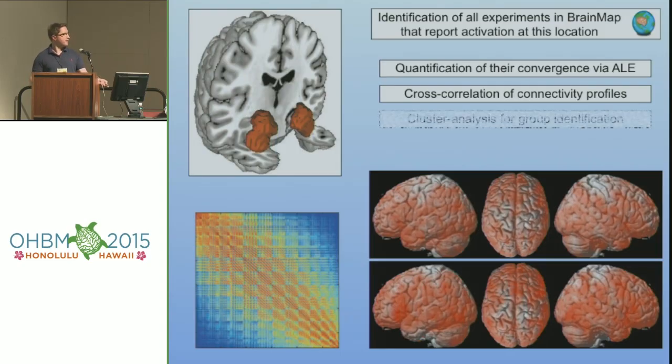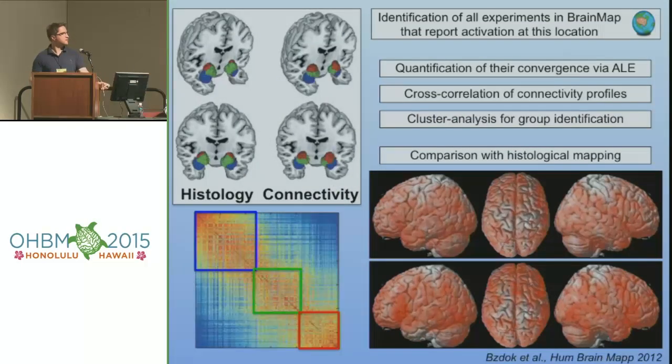And we can then cluster the amygdala voxels into 3 different groups based on this information. And the nice thing is that we get 3 groups, but actually what's really the most relevant information is in this upper left panel here. Here you see the connectivity-based parcellation of the amygdala. Here you see the histology-based parcellation. And as you see, you don't see a lot of differences.